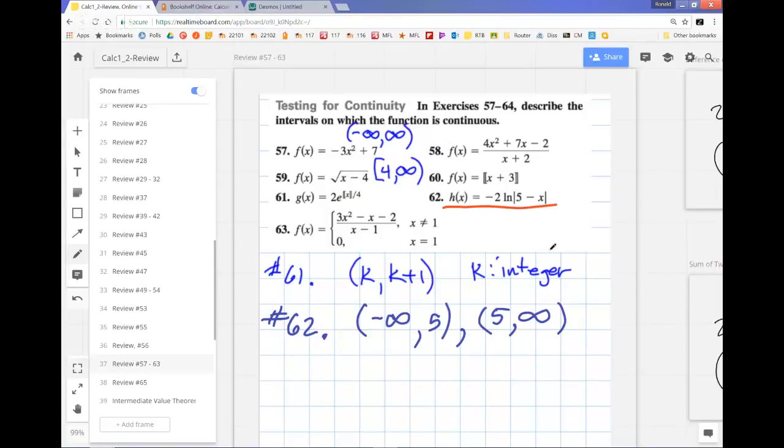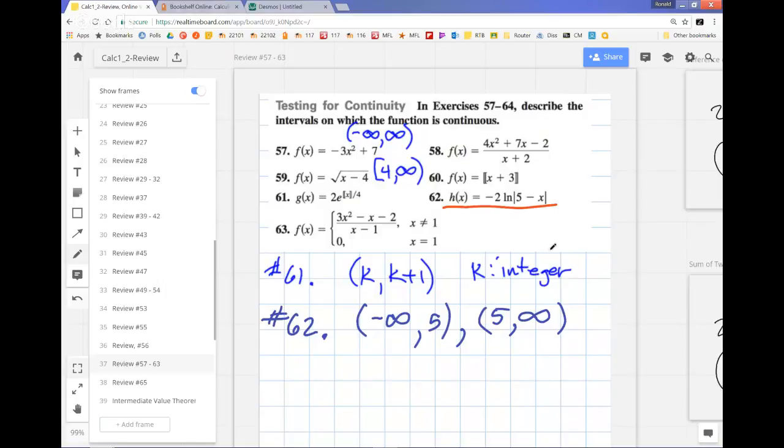Again, there's no power you can put on e for which the answer will be 0. So we can't have a 0 in there, and 5 would make that a 0. If you plugged in a 5 for x, can't do it. So therefore, everything's okay up to 5.